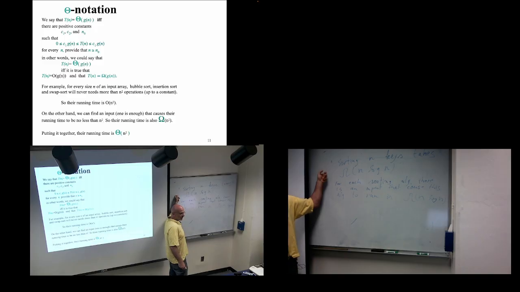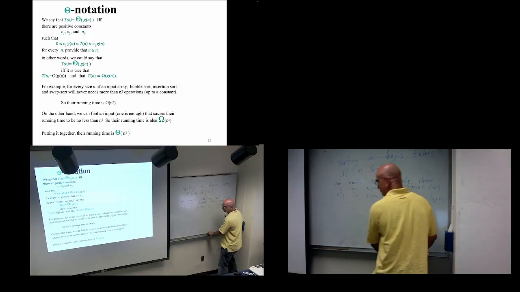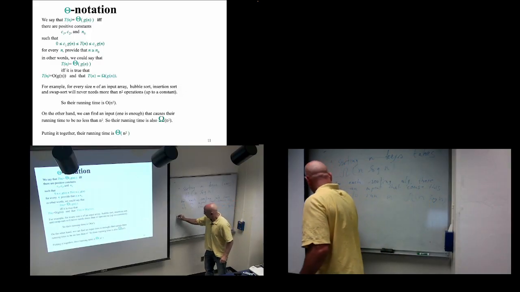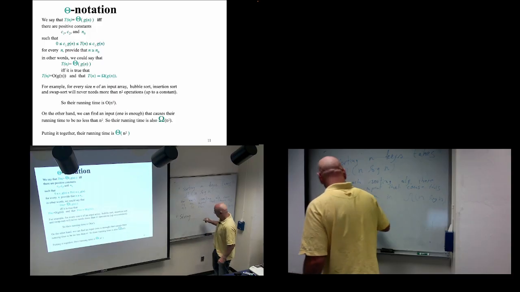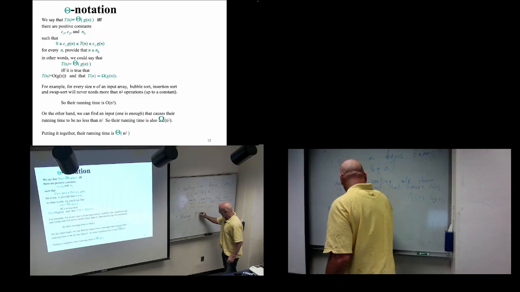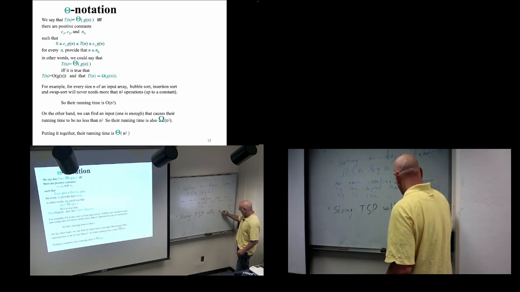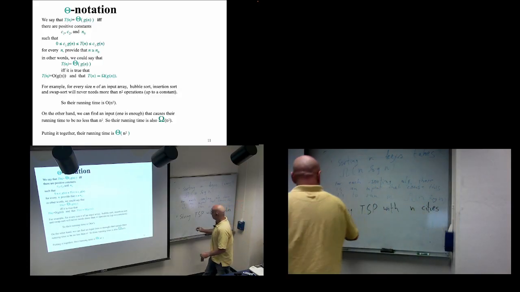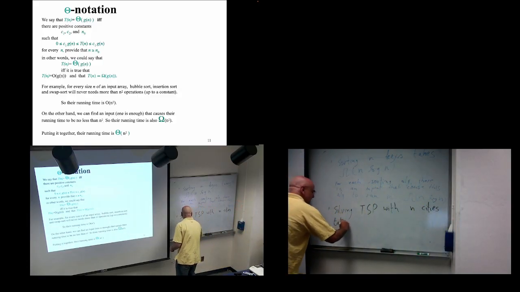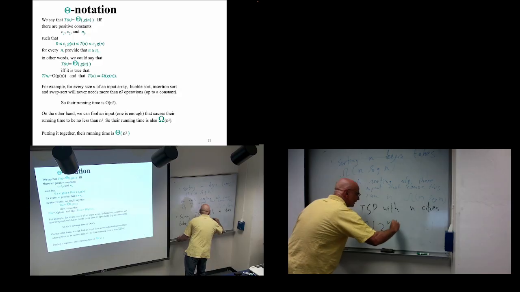Another very common case, which again I'll write here with even more quotes because it's not really true: solving the TSP with n cities takes omega of 2 to the n.